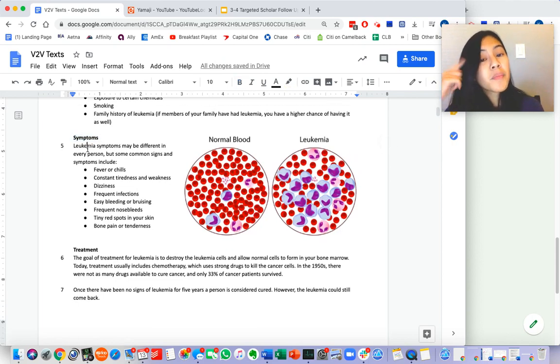Symptoms. I know from my schema that symptoms are, again, the physical things happening to your body that tell you that you are not feeling well.